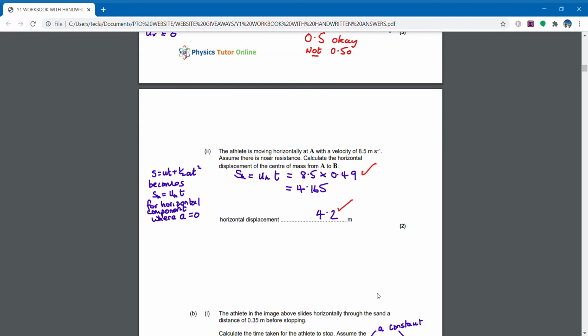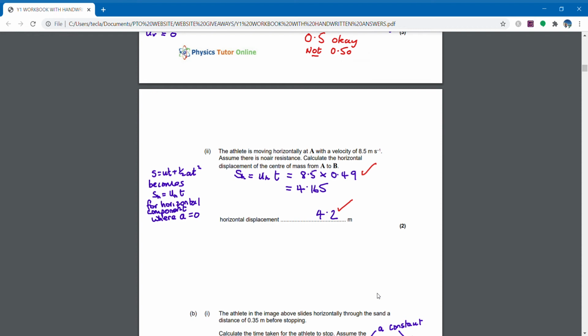Part 2. The athlete is moving horizontally at A with a velocity of 8.5 meters per second. Assume there is no air resistance. Calculate the horizontal displacement of the centre of mass from A to B. So S equals ut plus half at squared becomes S equals ut for the horizontal components. So we assume the horizontal velocity is constant.